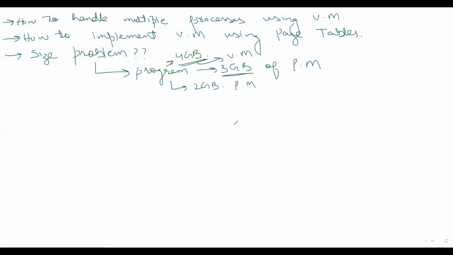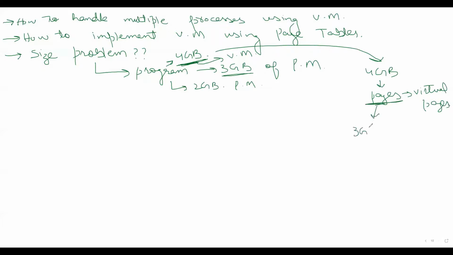Then how will we handle it? We know that we have a program of 4 GB virtual memory, so we convert this 4 GB into virtual pages. And of these 4 GB, 3 GB are the pages which are actually used.